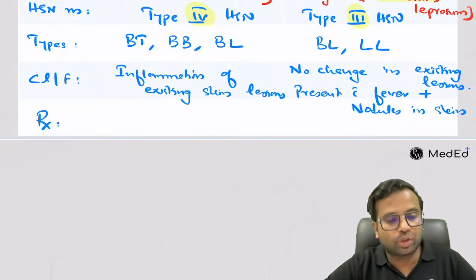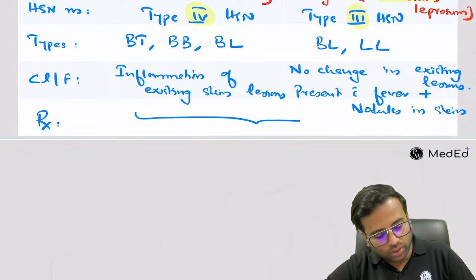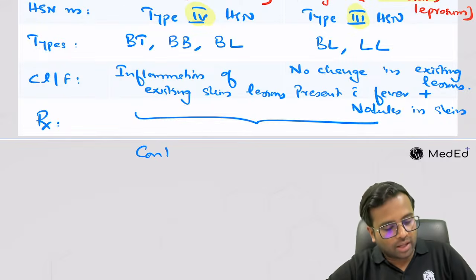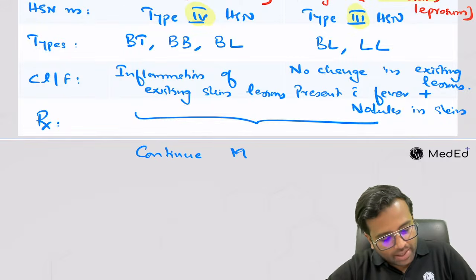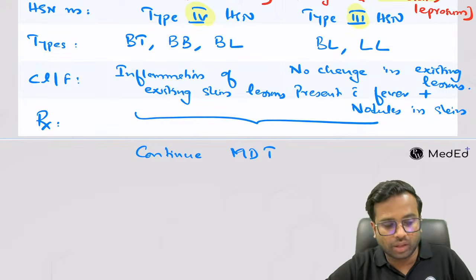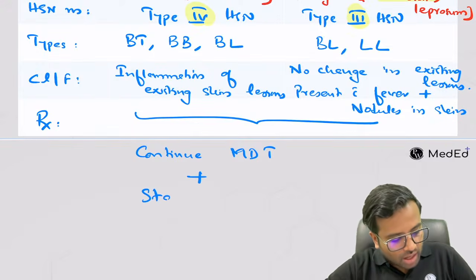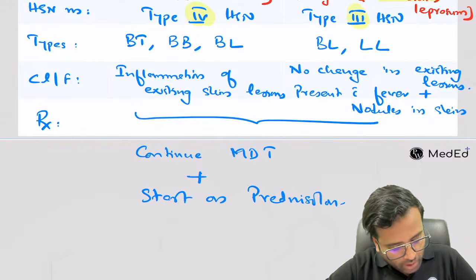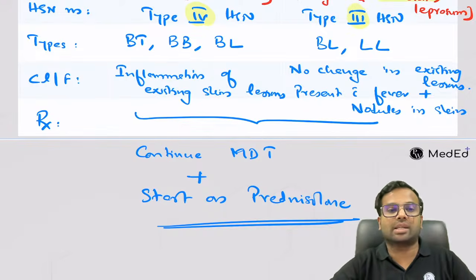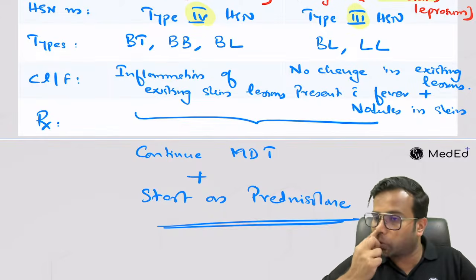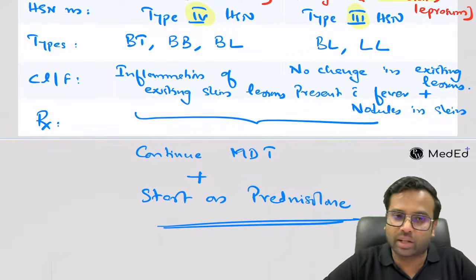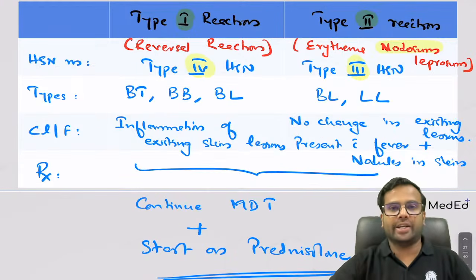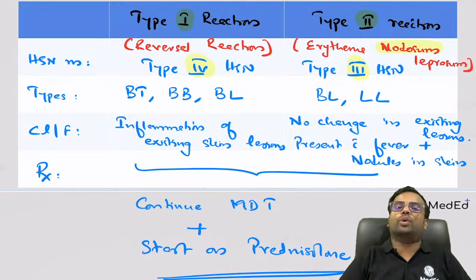And finally, coming to the treatment, in both type 1 and type 2, the treatment is going to be continue multi-drug therapy and start on prednisolone. So what is prednisolone? It's a systemic steroid, right? So that is going to be the treatment of a lepra reaction. Is that clear? So when you get a question on lepra reaction, it is better you just draw a beautiful table.